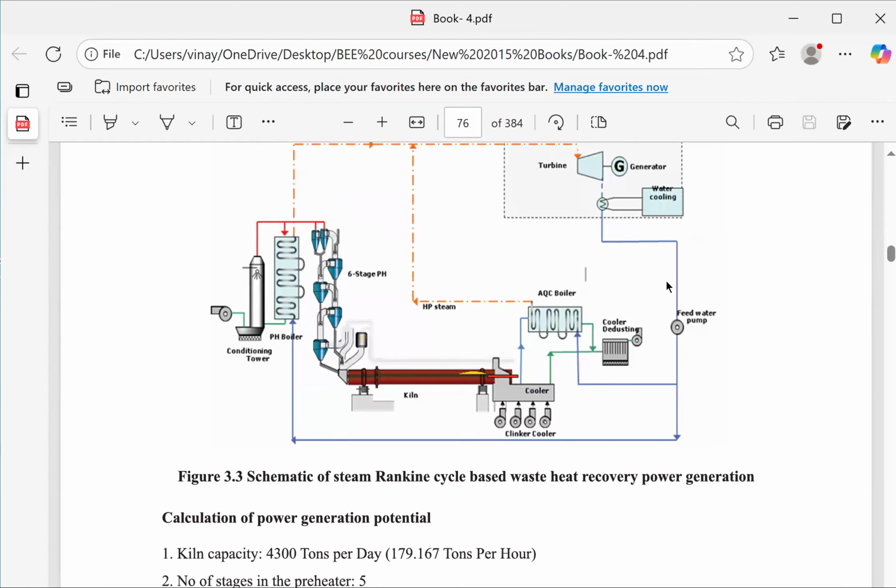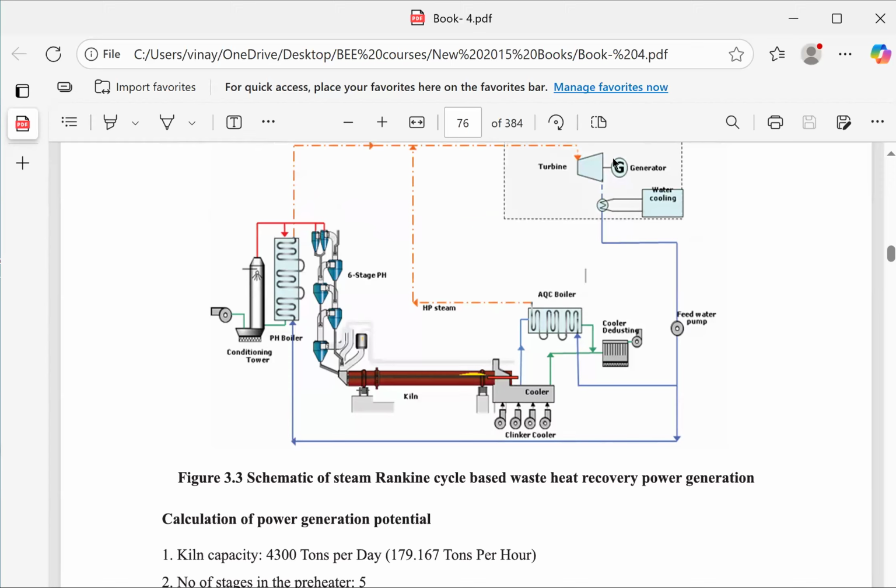That means how much heat can be supplied to the turbine and how much power we can produce in kWh. Now you already know how to calculate that. If you know the part of the heat which is going to the generator, you can divide those kilocalories by 860, you will get kWh. So much is the power generation.